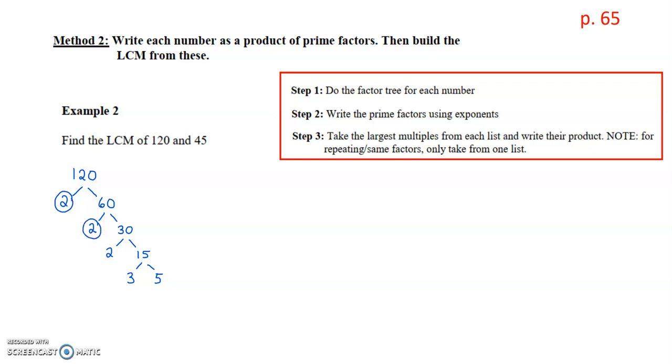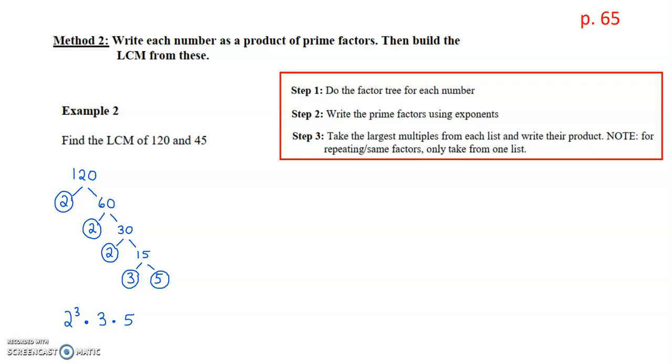I talked to you about that in the previous lesson. That's my preferred way. The textbook shows a different method, still getting the same answer, but what I like about this method is all my numbers are in a nice order. So the result of 120 is 2 cubed times 3 times 5.